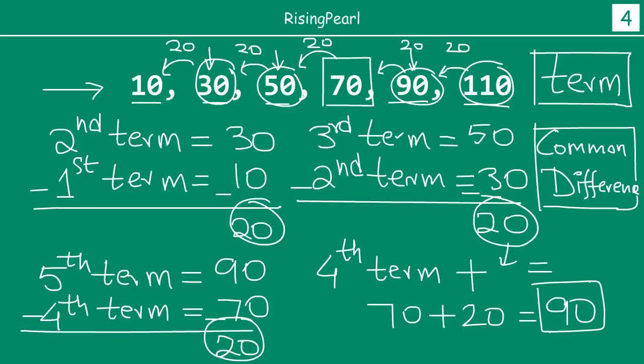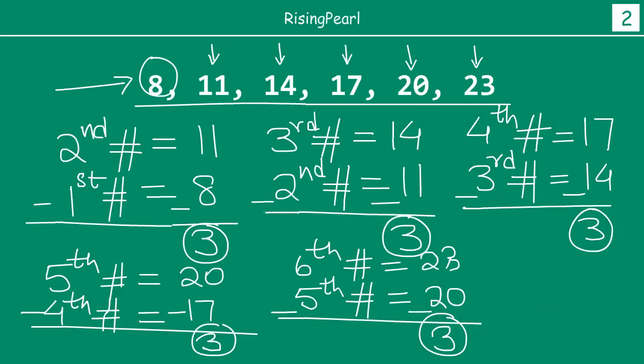So if you were to quickly go back and take a look at the first example, it had 1, 2, 3, 4, 5, 6 terms. So there were 6 terms in the first example. And the common difference, if we randomly take any one of the terms and subtract the previous term from it: 17 minus 14 is 3.